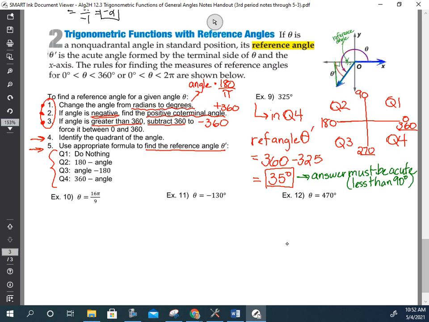If you finish the problem and you find that you have a number that's bigger than 90 degrees, then you did something wrong. Bigger than 90 degrees, you did something wrong, point blank period, figure out what you did. So that's that problem. Any questions with example 9?